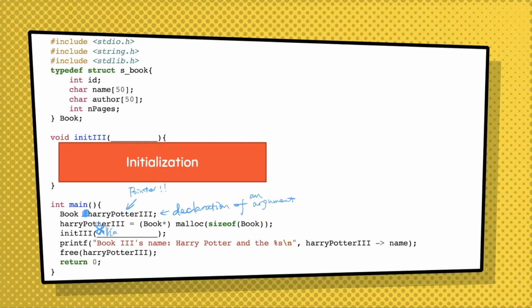But if you find this in an assignment, for example, you have Harry Potter 3, and then dot something, say dot ID is equal to a number, that means that you are dereferencing. So whenever you see assignment or those operations, and you see star, it means that you're dereferencing. Otherwise, if you see the star in a declaration, it means that you're declaring a pointer.